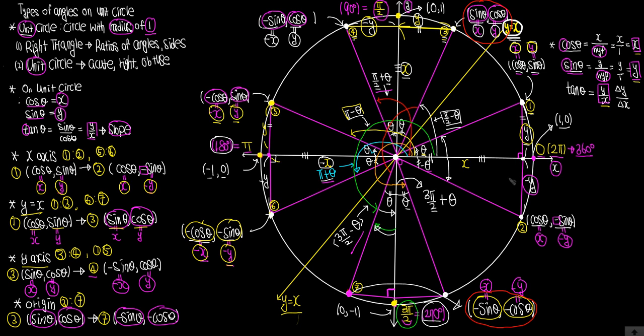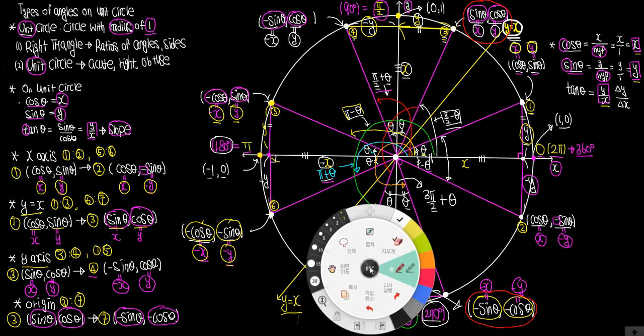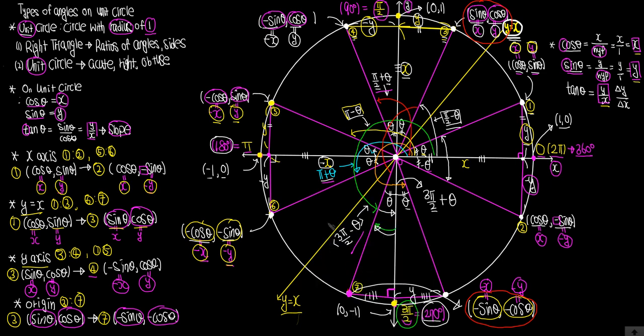And the next thing that we are interested in is the coordinate for this point. Now we can realize that this has exactly the same y value as the point where we rotate 3 pi over 2 minus theta.